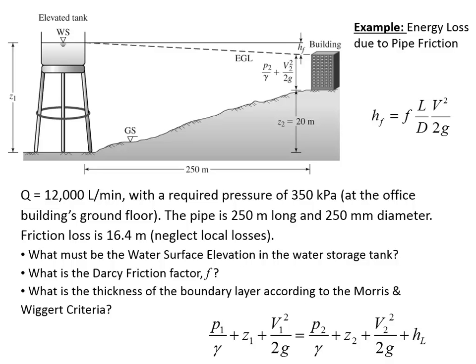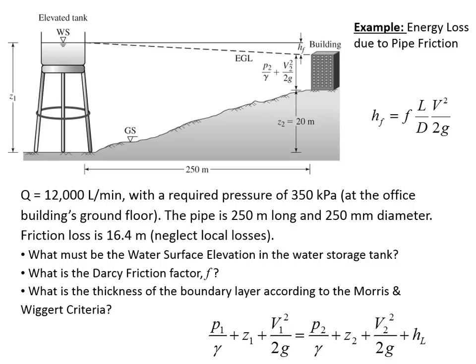And we're going to be applying the energy equation here. The tank height is the first thing we want to do. You can solve this first bullet point without knowing the f value, but then we can apply the Darcy-Weisbach equation here with the h sub f that's given and all the other pipe parameters. We can find, well, what was the f value for that condition?